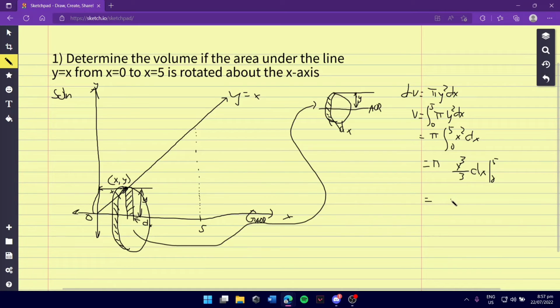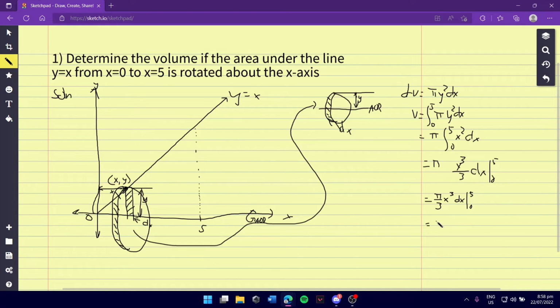So distributing the limits, first we have to simplify this. So pi is over 3, right? Because we have here over 3, so it is the same. So multiply it by x cubed dx from 0 to 5.